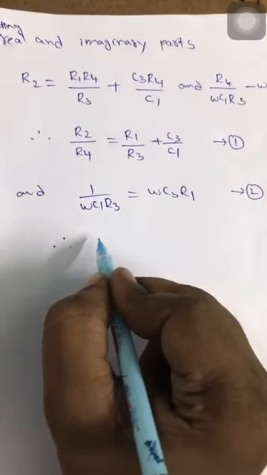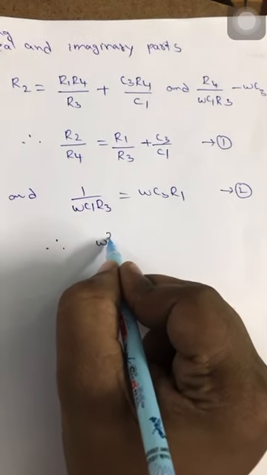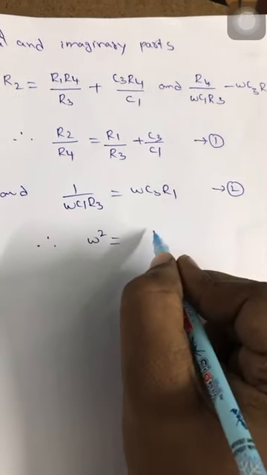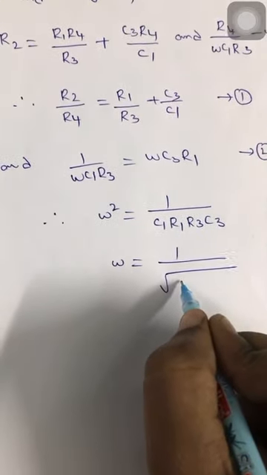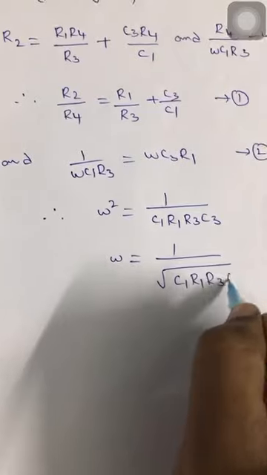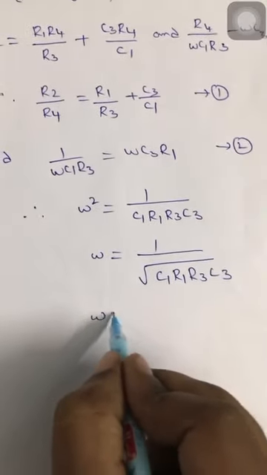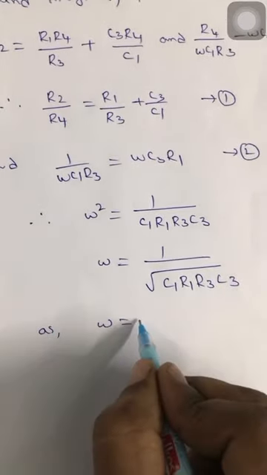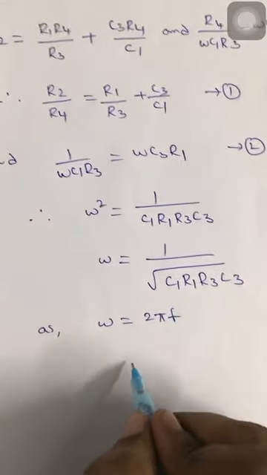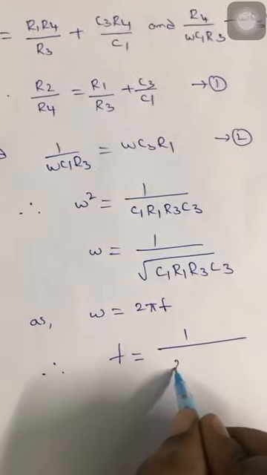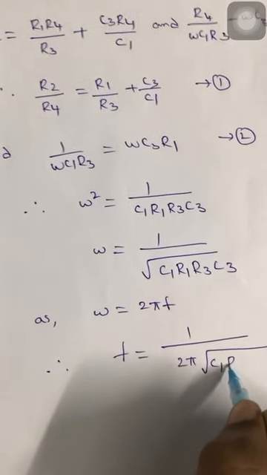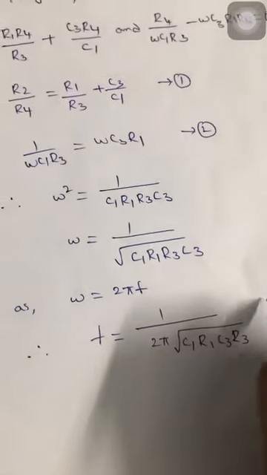Therefore, omega square equal to 1 by C1 R1 R3 C3 and omega equal to 1 by square root of C1 R1 R3 C3, and as we know omega equal to 2 pi f, therefore f equal to 1 by 2 pi square root of C1 R1 C3 R3.